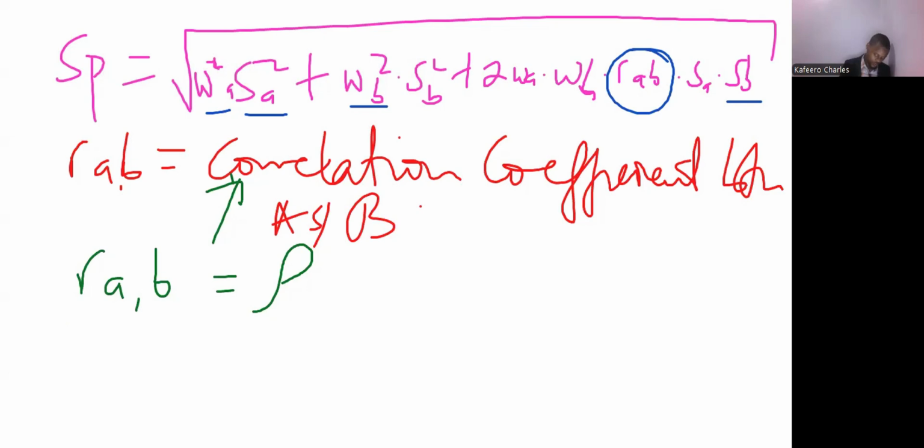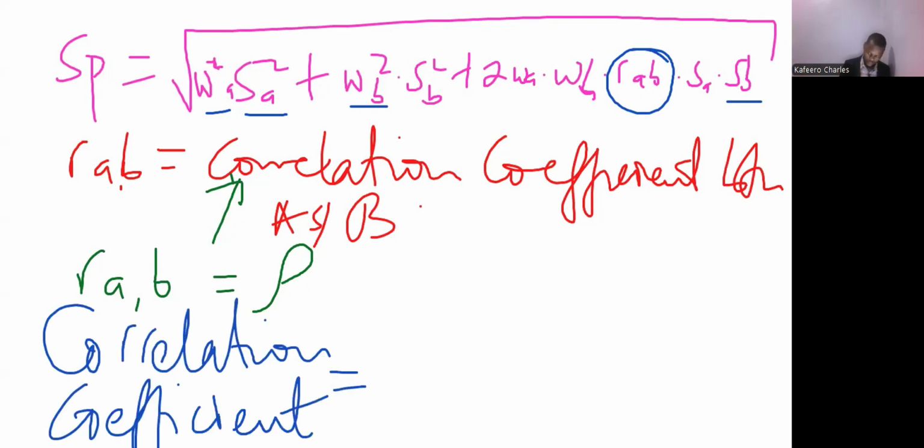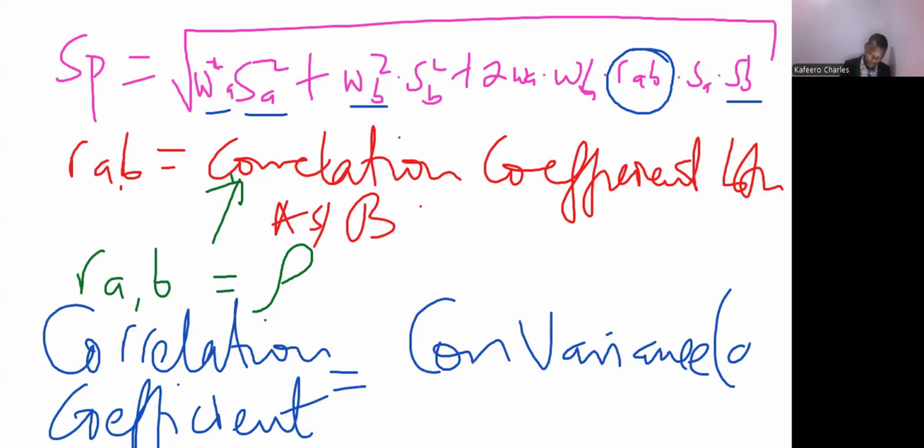For us to compute the correlation coefficient equals covariance between A and B, covariance of A and B divided by standard deviation A times standard deviation B.